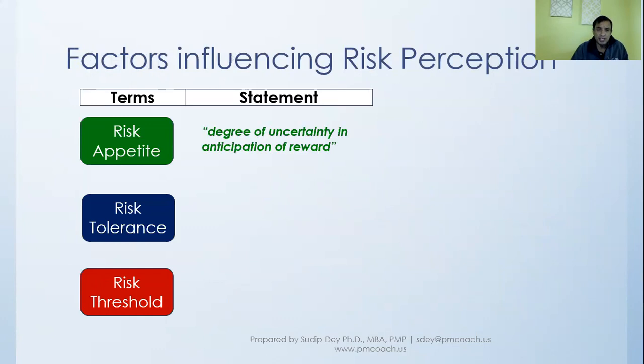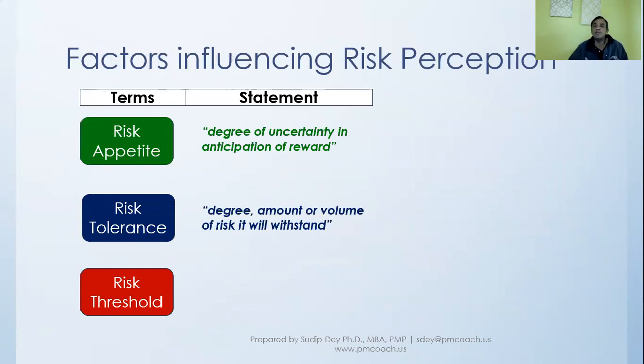Now, risk appetite is really the degree of uncertainty in anticipation of reward. Basically, it is a statement about degree of uncertainty. And risk tolerance is the degree, amount, or volume of risk it will withstand.